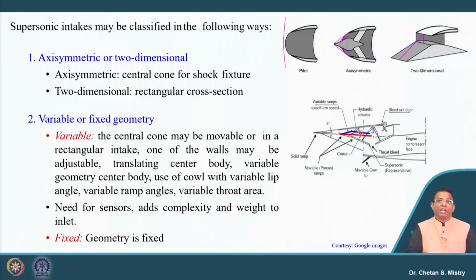This kind of intake is more complex, but as of today most fighter aircraft flying at high Mach number have this kind of mechanism. And fixed geometry means that we cannot vary these components; they are all fixed.